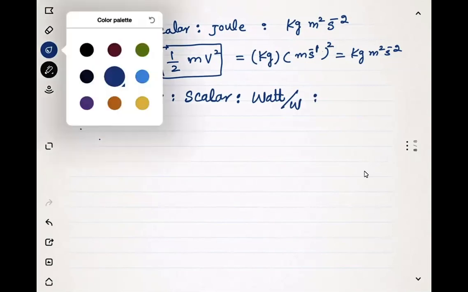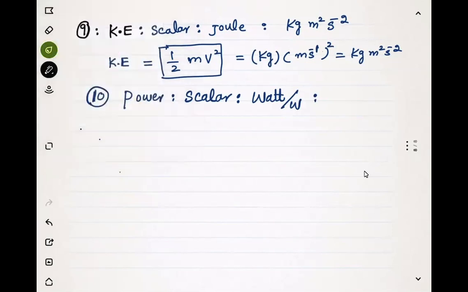So for power, the formula is power is equal to work over time. You know, work is force into distance divided by time.